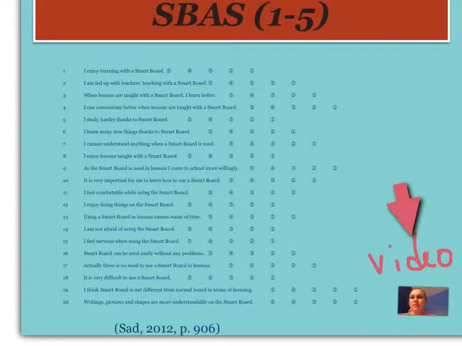Smartboard attitude scale. The study was conducted by SAD, and it involved students in grades 4 through 8. Their views on smartboards in classes were researched, and 24 items were presented using qualitative techniques, and this scale was administered to 203 students.